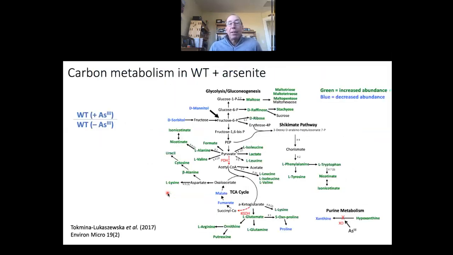And we map this data onto a metabolic pathway, then we can see essentially, so all of the metabolites shown here in green in this glycolysis, gluconeogenesis, and the TCA cycle, the green ones have increased in abundance, the blue ones are decreased in abundance.